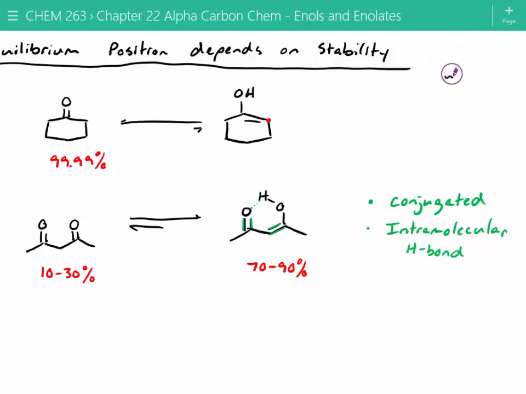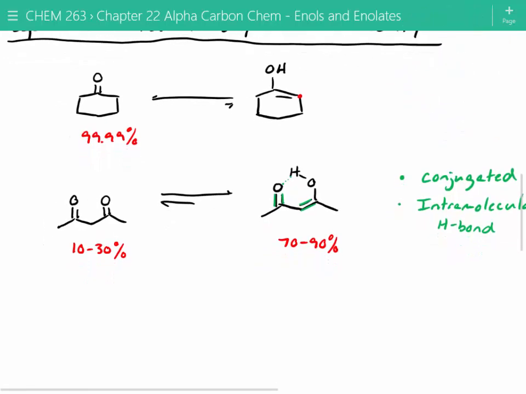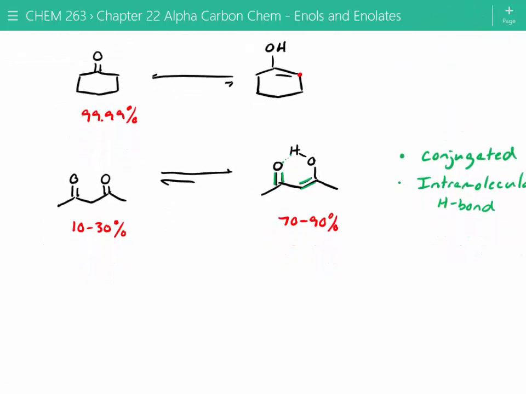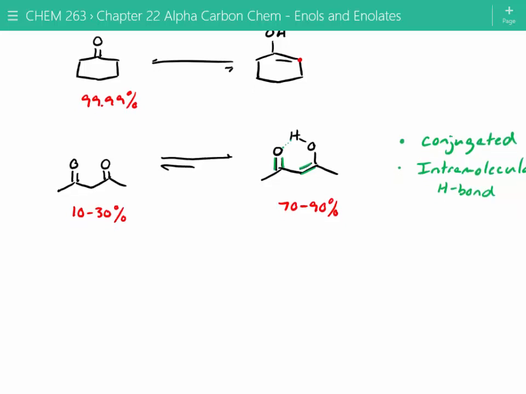All right, let's take it one step further and see a case where the enol is almost exclusively preferred. So we can draw the enol form for this guy. And which side of the equilibrium do you think is favored here?